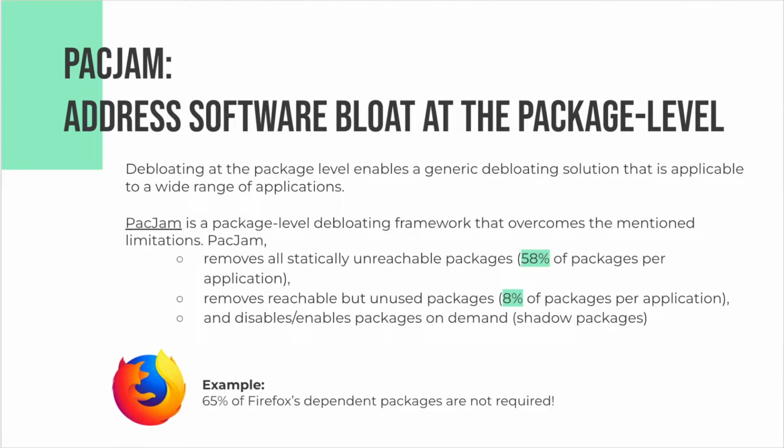PacJam not only removes statically unreachable packages, but also dynamically unused ones using an application tracer. PacJam achieves this by using shadow packages in place of debloated ones. Shadow packages have the same interface structure as the original packages, but only contain a small piece of code that performs management tasks.